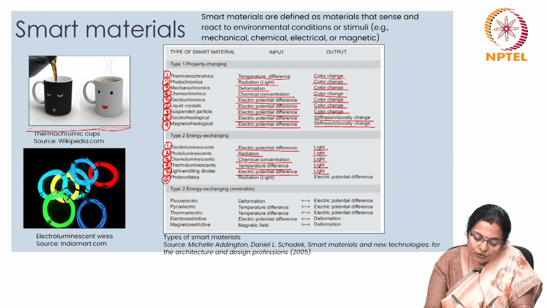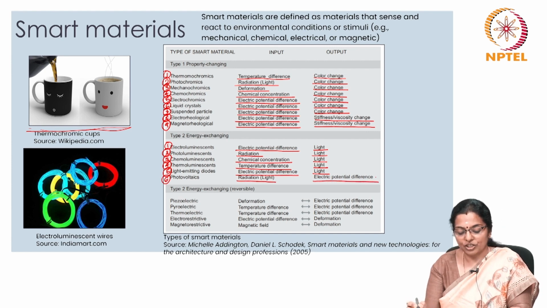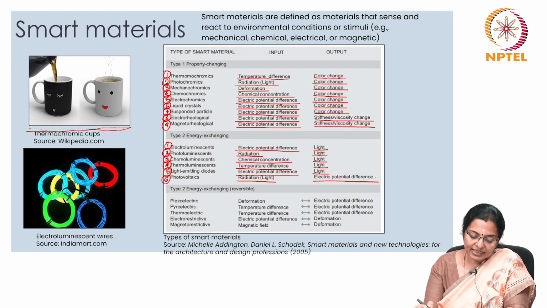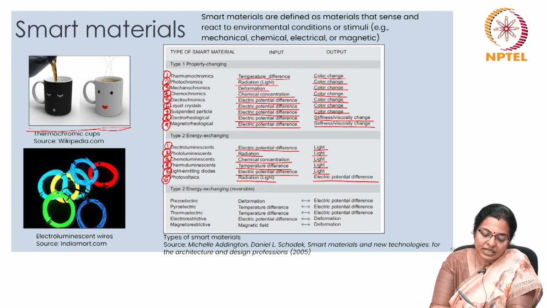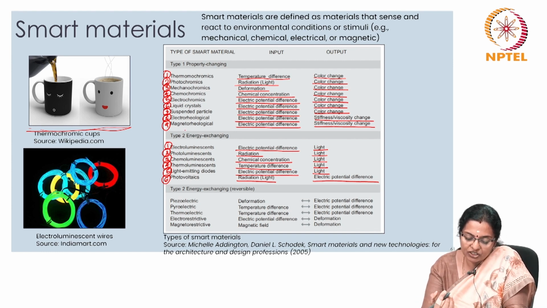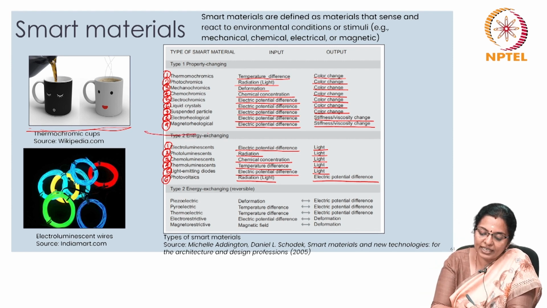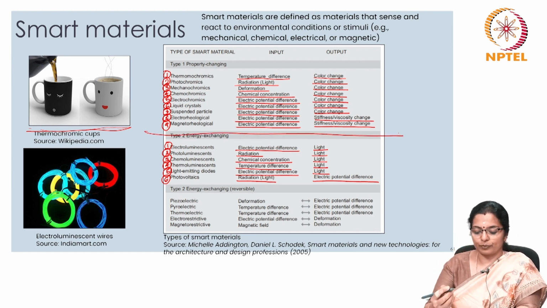When we use photovoltaics, input is light or radiation, output is electric potential difference. Then there are certain reversible energy exchanging type of material, which again comes only under energy exchange. As we had already seen in the previous class, there are two types of classification.